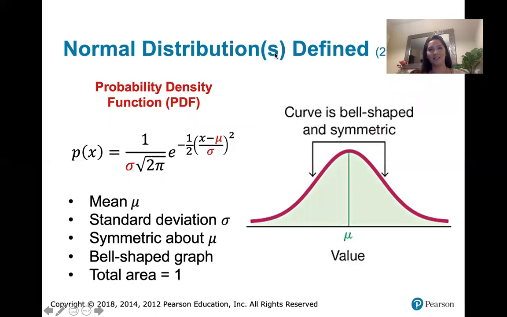I put this S in parentheses because I wanted to remind you that there are many normal distributions. They're all described by this function, but lots of different variables are normally distributed. They just have different means and standard deviations. For example, I believe the mean IQ score is 100, and the standard deviation is about 15.